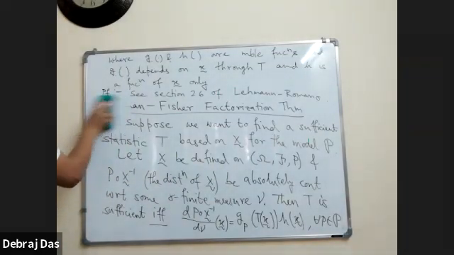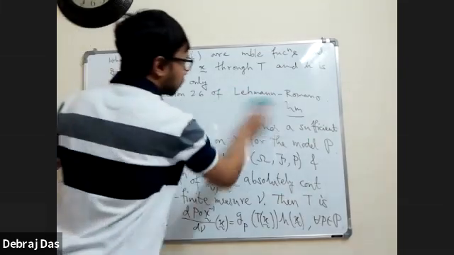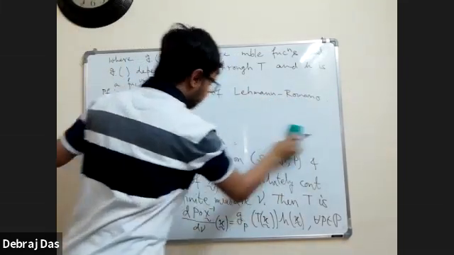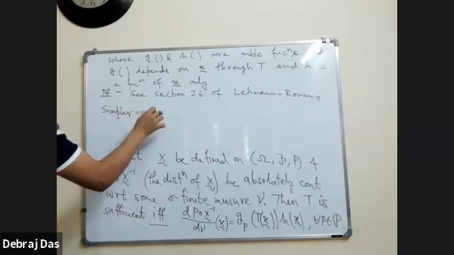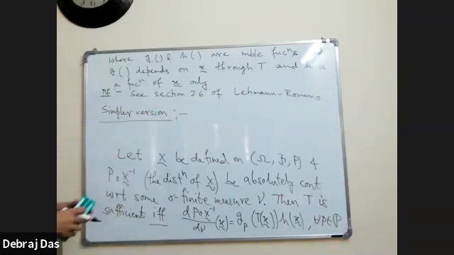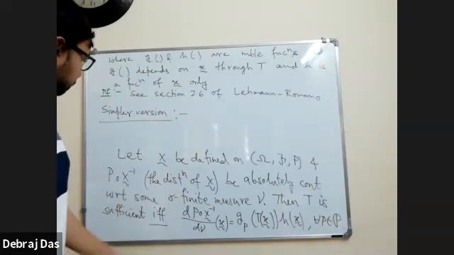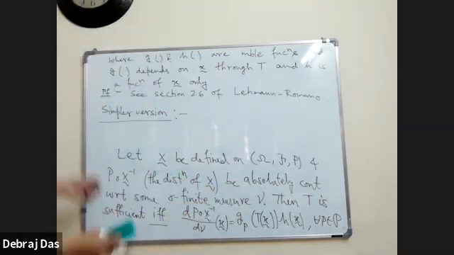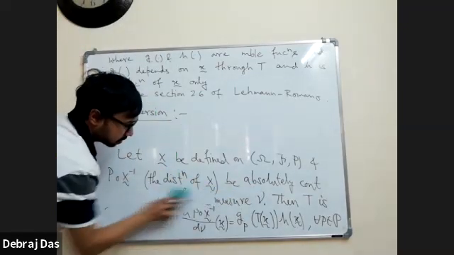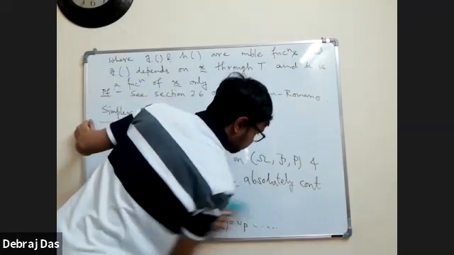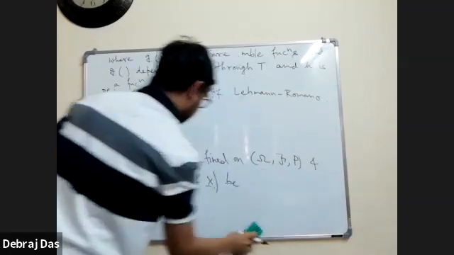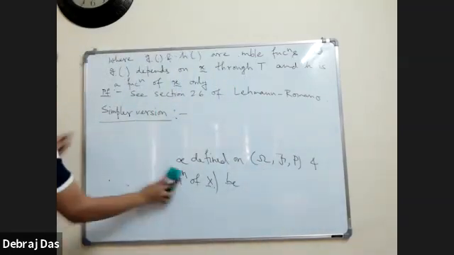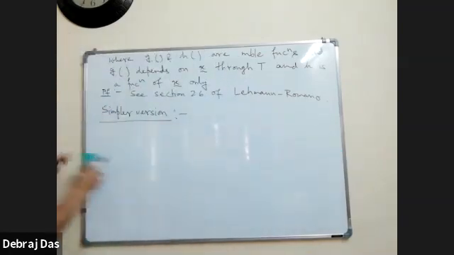Okay, so let me go to the simpler version. The simpler version is for the parametric family. So let X curl be defined on P, and absolutely continuous, not absolutely continuous, I will just simply modify this. Or let me totally ignore this measure theoretic thing.